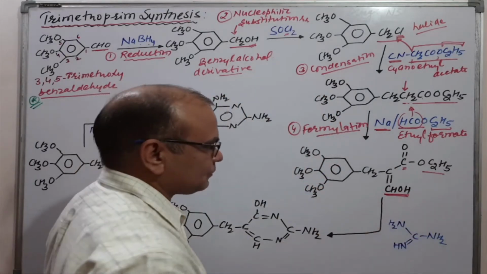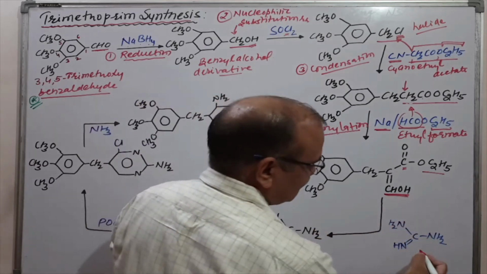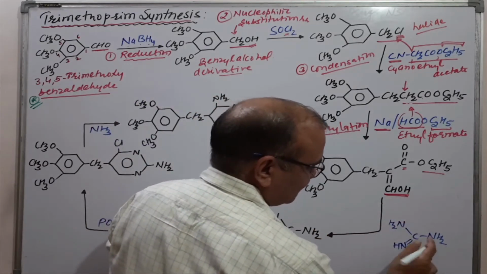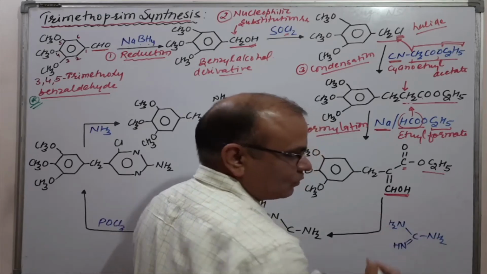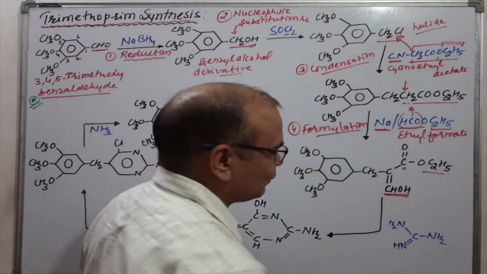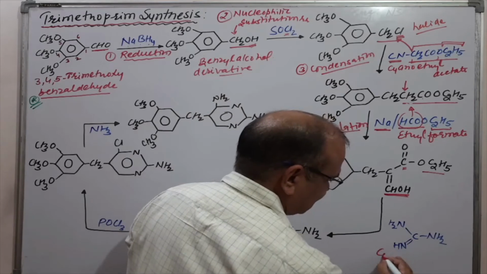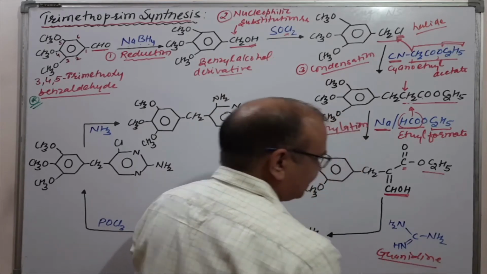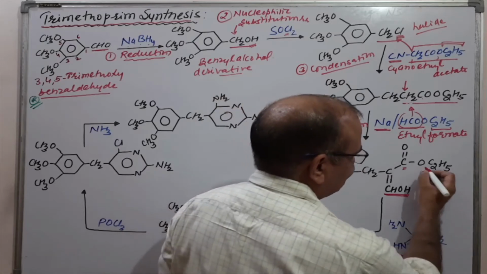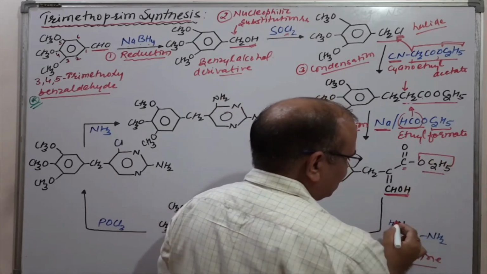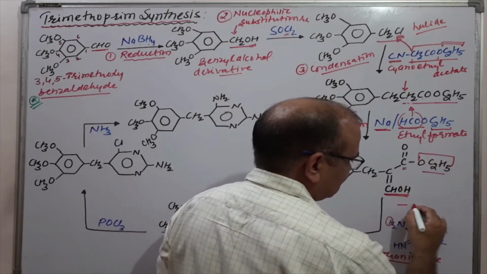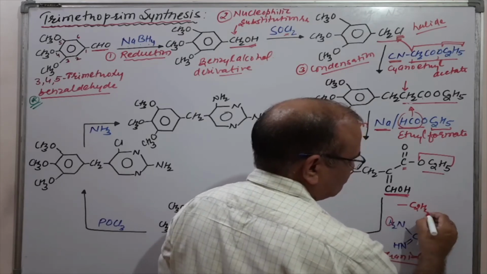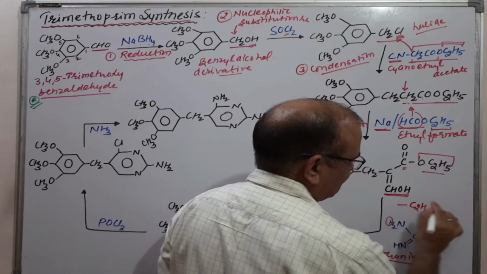Next one, this ring starting material is known as what? Carbon having 3 nitrogens, meaning 3 amino groups, that is guanidine. Okay, this guanidine is attached. How is it attached? See, here is the methoxy, here is the one hydrogen that is removed as C2H5OH.